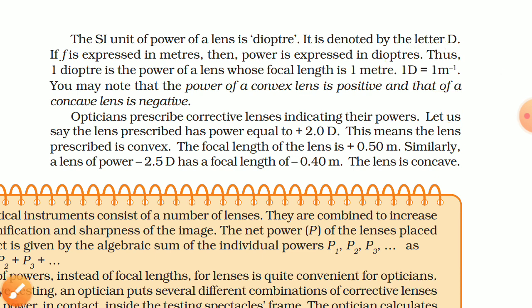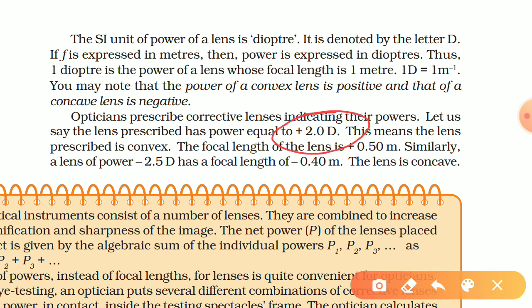You may note that the power of a convex lens is positive and that of a concave lens is negative. Opticians prescribe corrective lenses indicating their powers. Let us say that the lens prescribed has power equal to plus 2.0 D. Okay, if any of you have spectacles, when you check with the eye specialist, they write your numbers in diopter units.